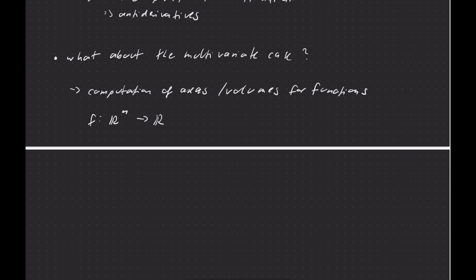So the first possible application of integrals is the computation of areas and volumes. Right? And that plays a role for functions f defined on some R to the n, or a subset of R to the n, mapping to R. You can imagine a setting here easily.